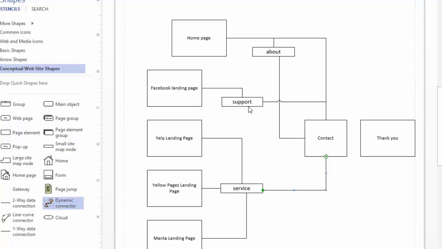It's going to be pointing to the support page. Now, my support page, my about page, my service page, my contact page, my home page, they're all going to have this global navigation that connects you to the other pages of the site. But what you're trying to do in this funnel is present them with a reason to contact you.